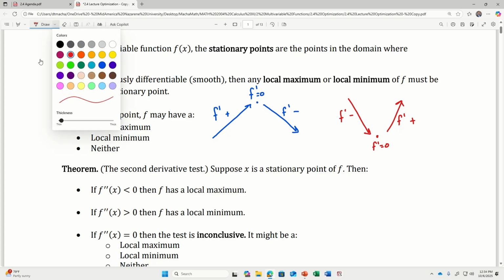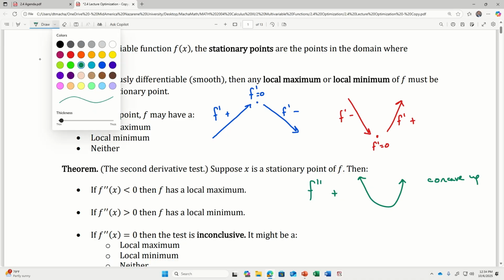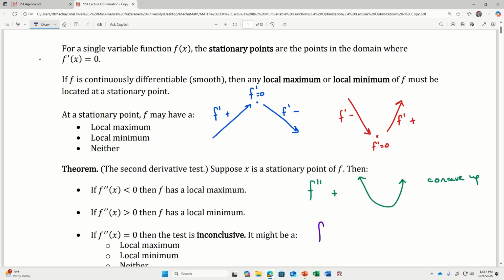So if a second derivative is positive, this is what we call concave up. And if your second derivative is negative, this is what we call concave down.